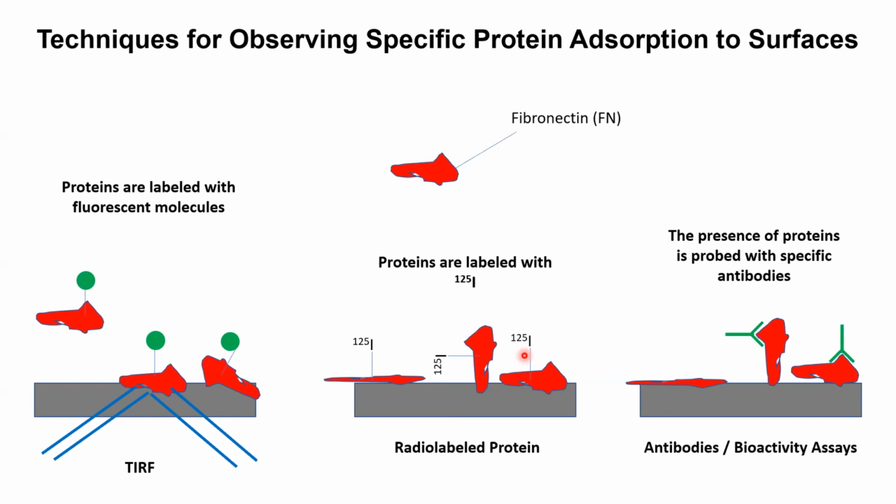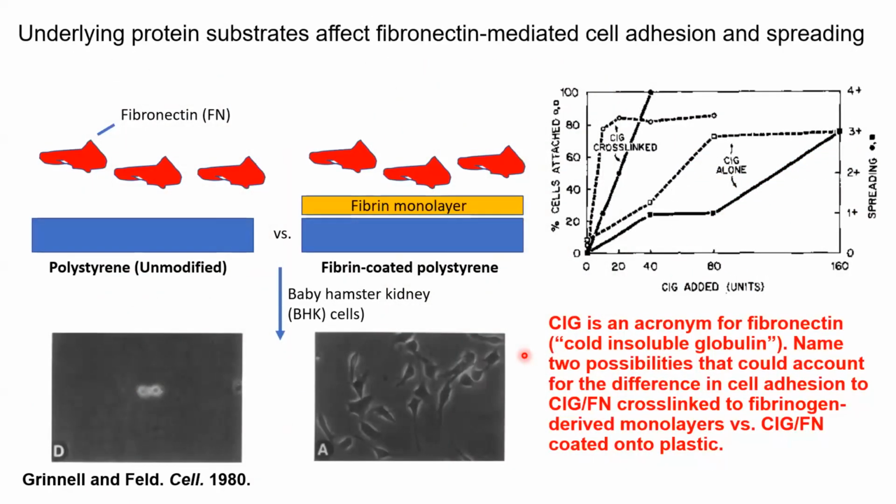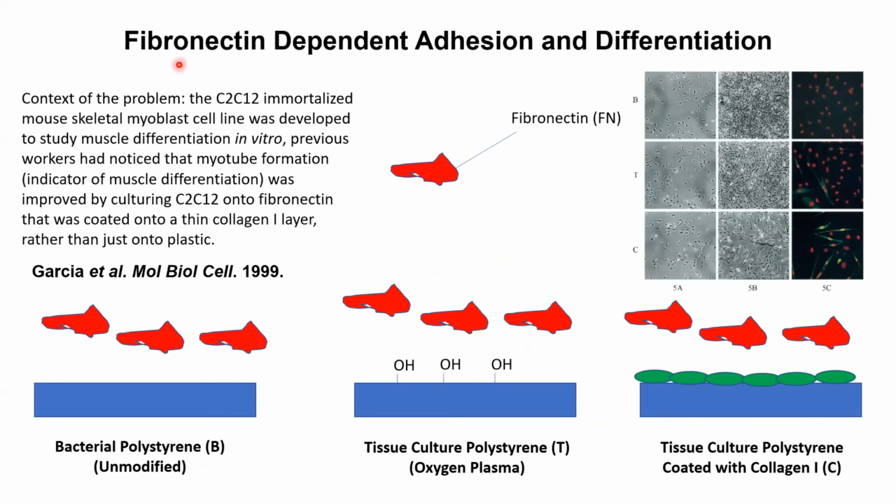So if I go forward here, now we're going to go over another kind of classic paper in ECM cell biology. This is a paper written by one of the more famous researchers in cell adhesion and integrin-mediated biology, Andres Garcia, who's at Georgia Tech.